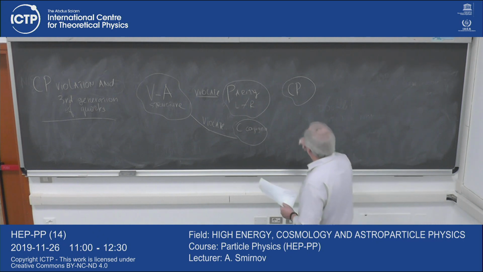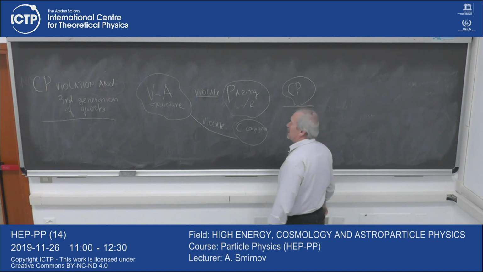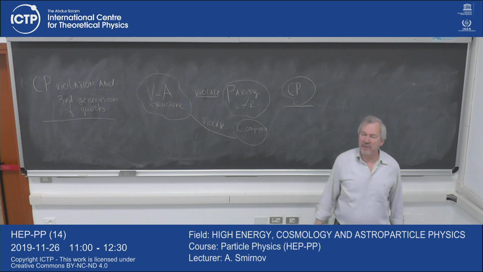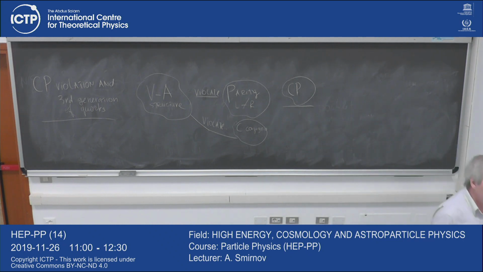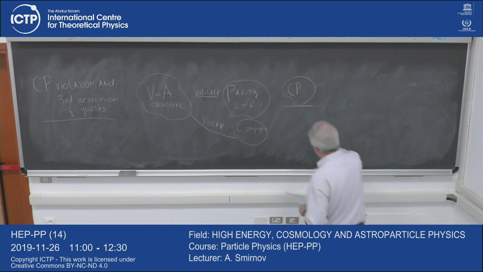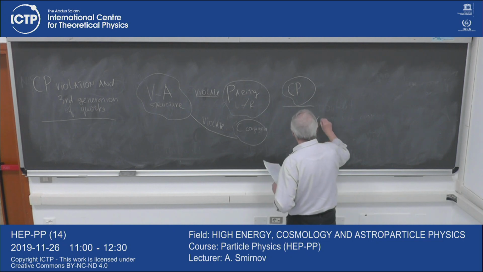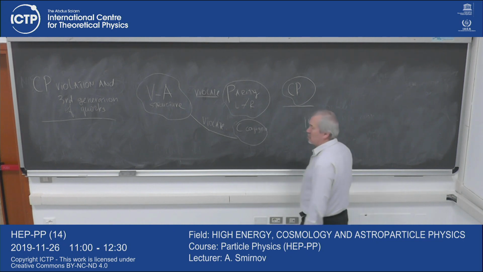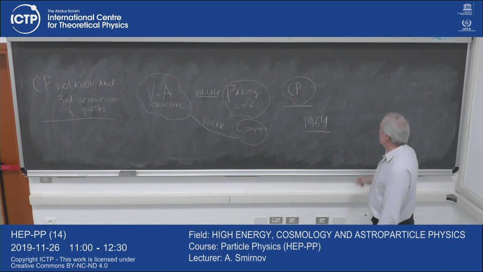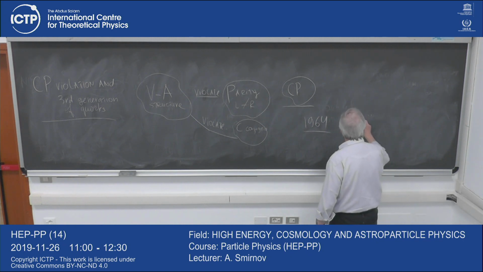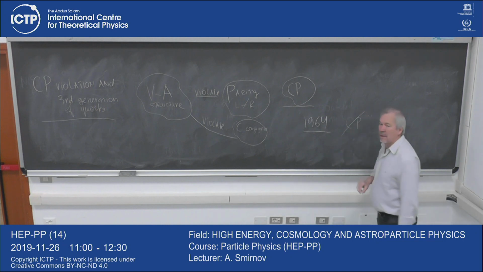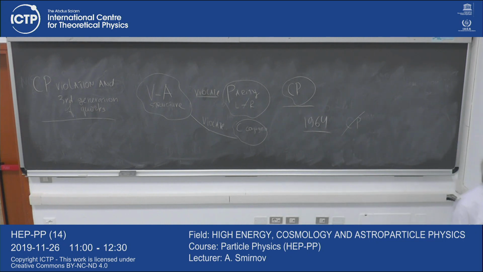And for a long time, actually not very long, but say 10 years, people thought that CP is a good symmetry. So parity is violated, C is violated, but CP is a good symmetry. But then in '64, Cronin and his group discovered CP violation. So even CP is violated. That was discovered in K meson decays, and we'll have a lecture about this.